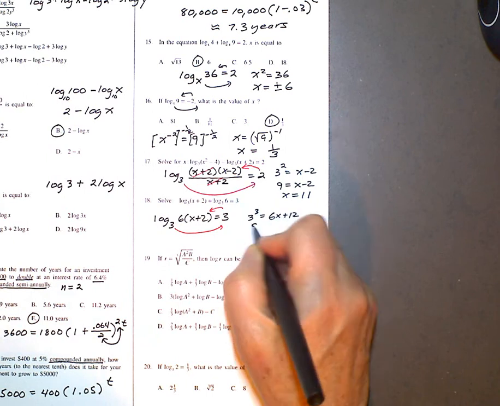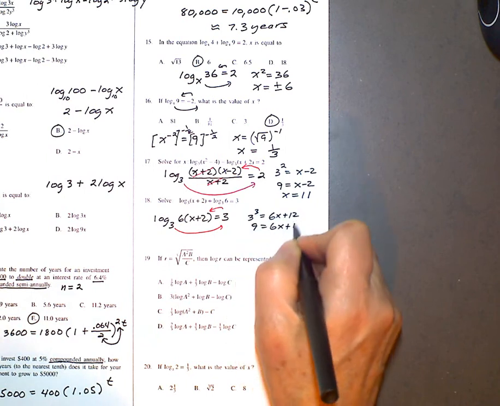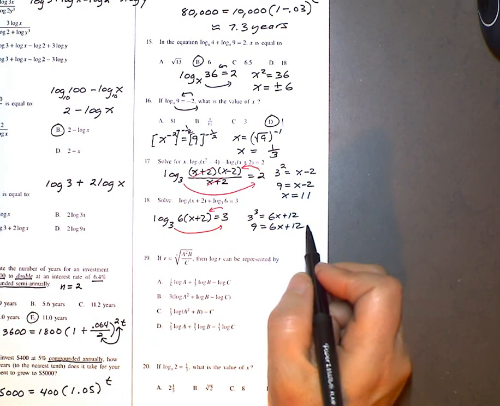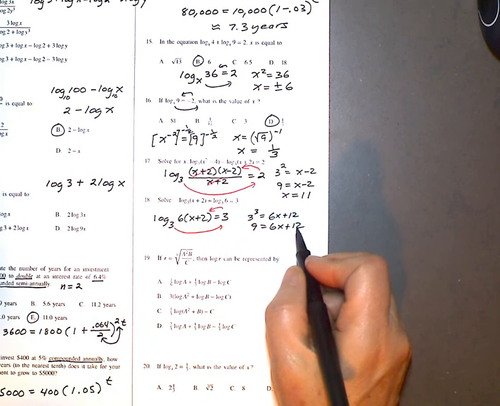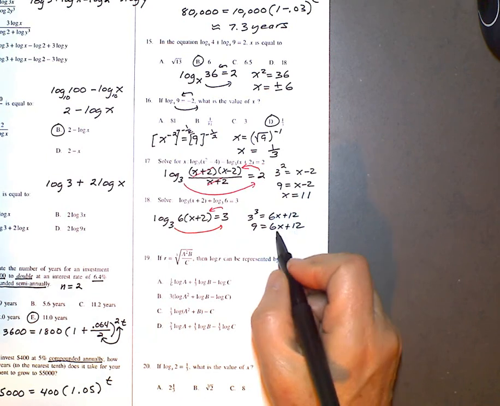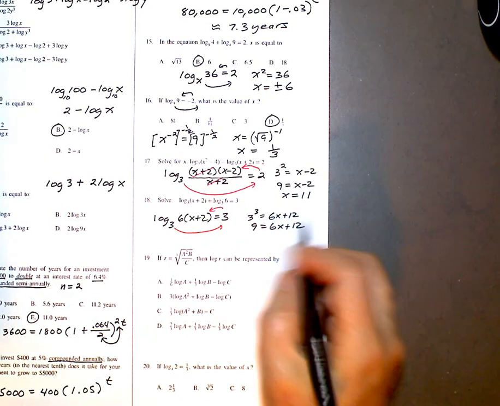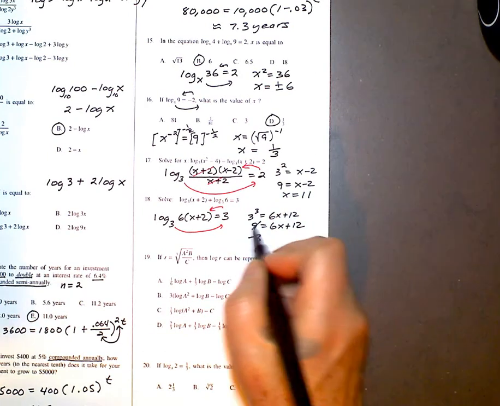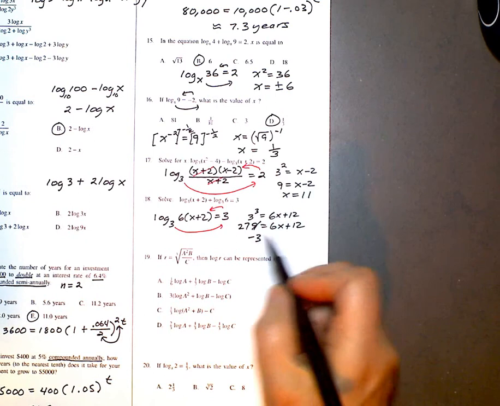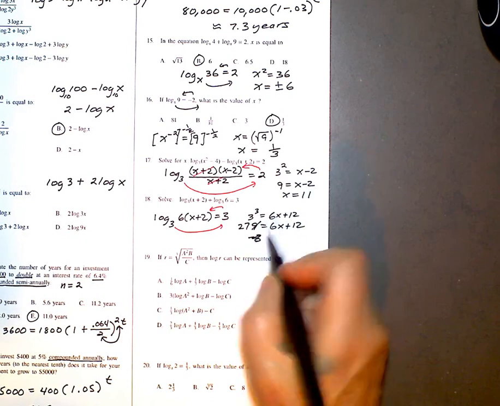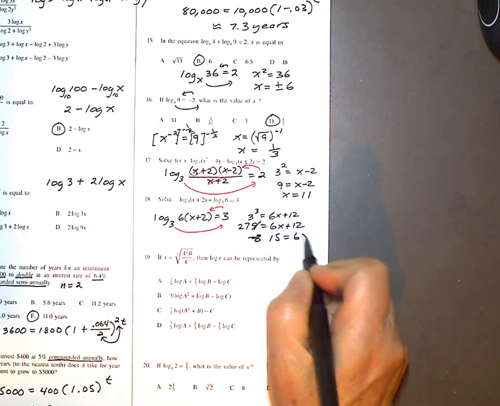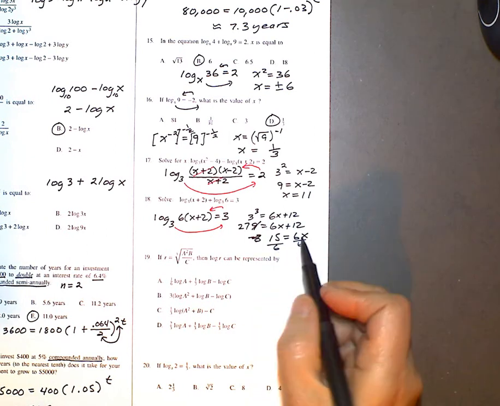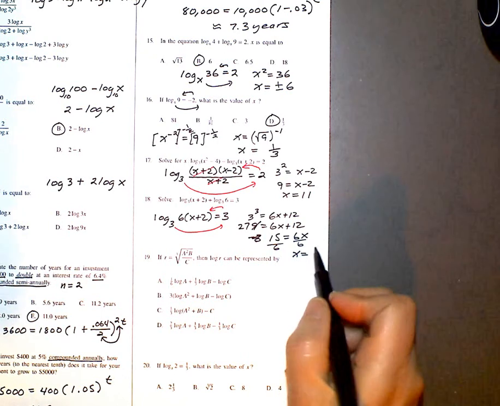So 9 is 6x plus 12. So let's see. Subtracting 12 from both sides. Negative 3. Oh, I did something wrong here. Oh, what am I doing? That's 27. Sorry. So subtracting 12, I get 15 equals 6x. And dividing through by 6, x is equal to 5 halves.